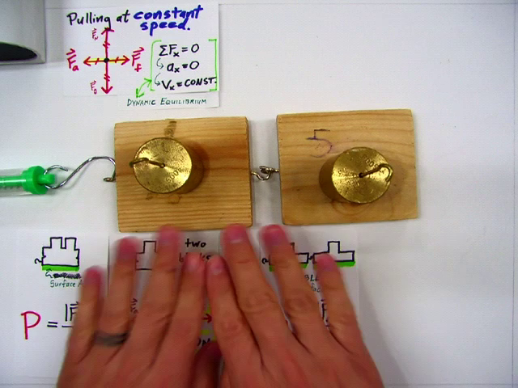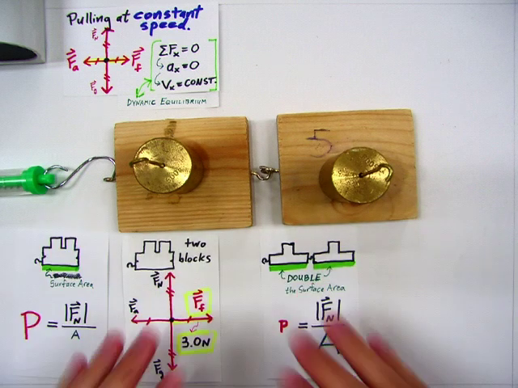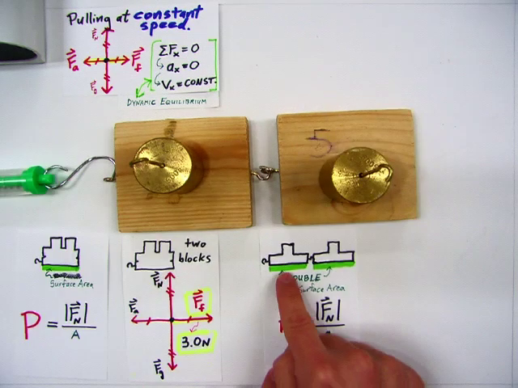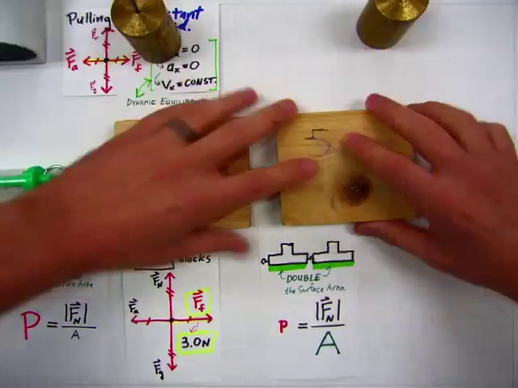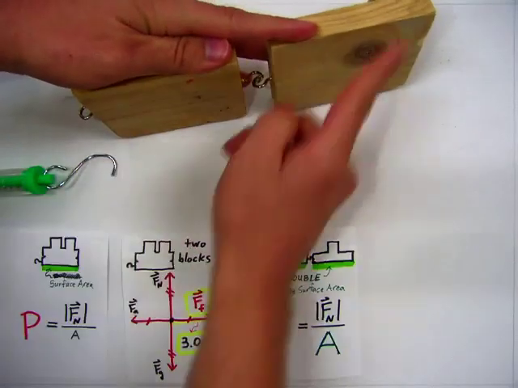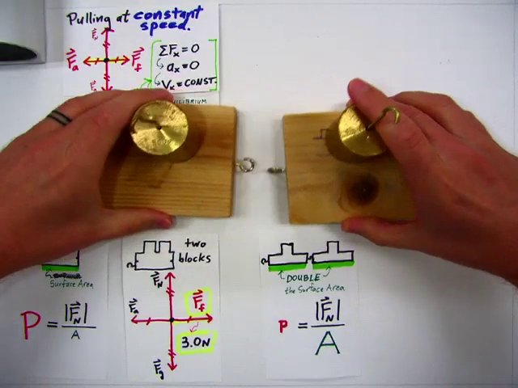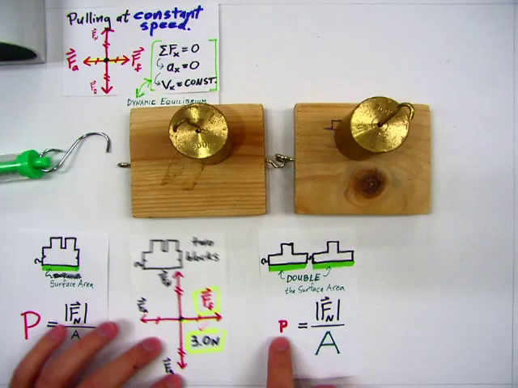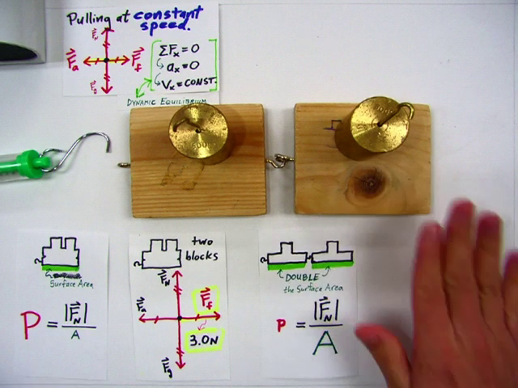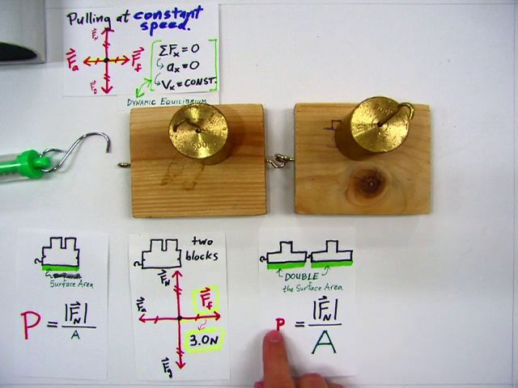But by spreading out the weight, by doubling the surface area, now I've got a total surface area of 2 footprints in contact with the table. I've dropped the pressure that the blocks are exerting on the table, and vice versa, by half.